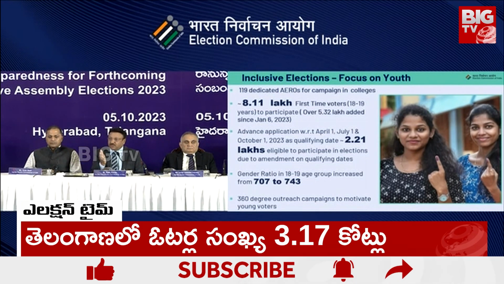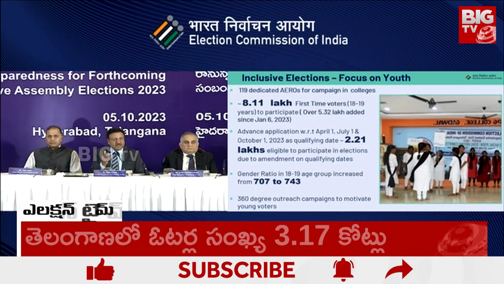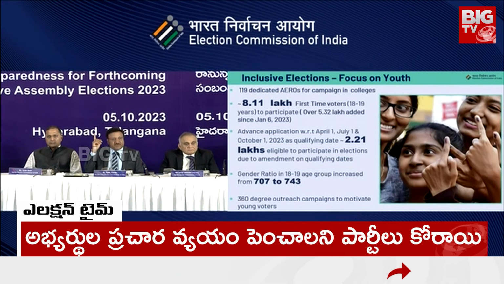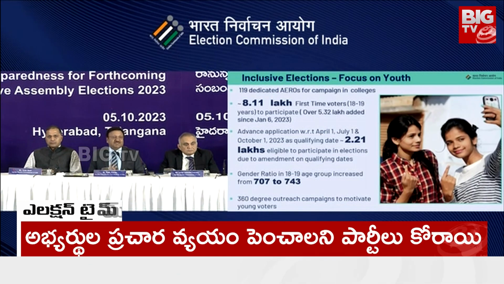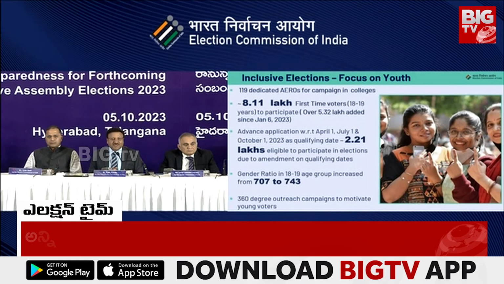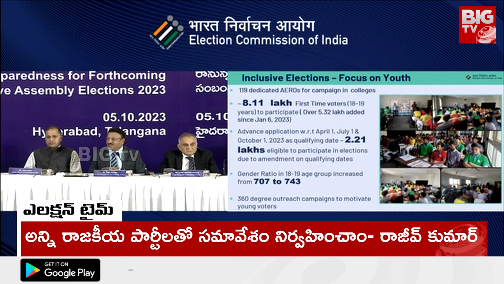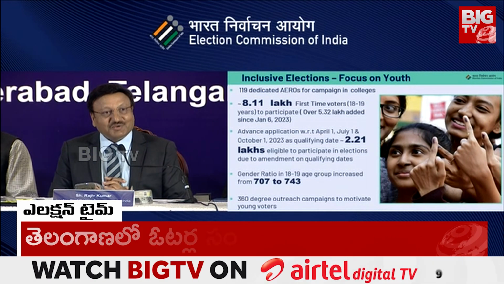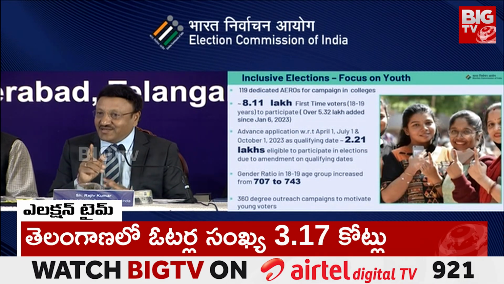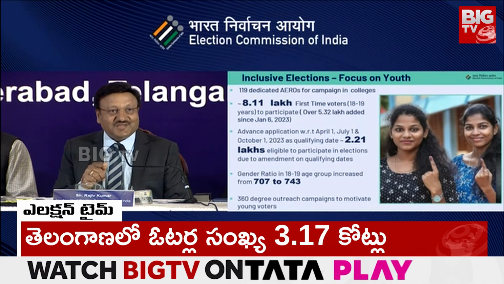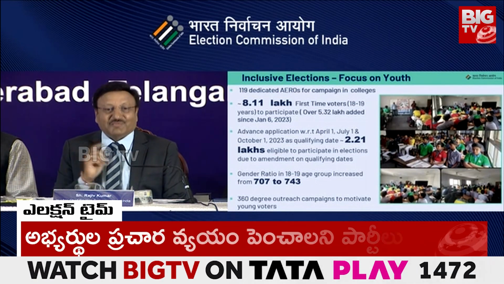Whosoever is becoming 18 need not wait for the next year's 1st January. Because of these 4 qualifying dates, 2.21 lakh new voters have been identified and added in the electoral rolls in Telangana, meaning they would be able to vote in this election because of this amendment.